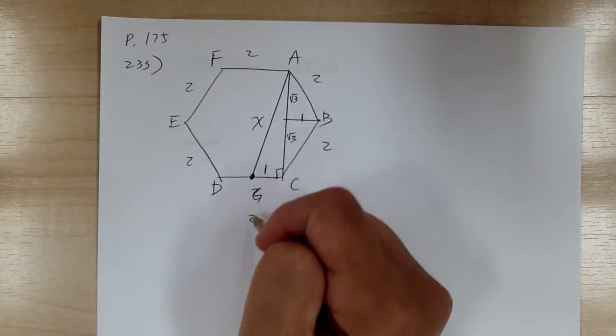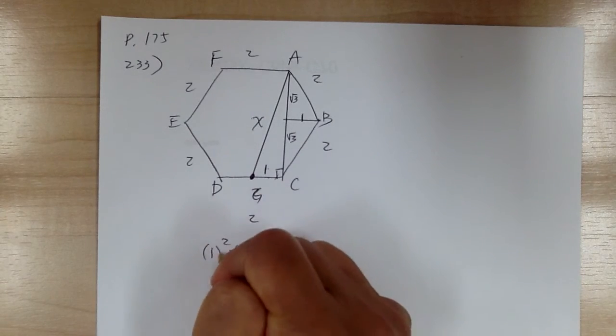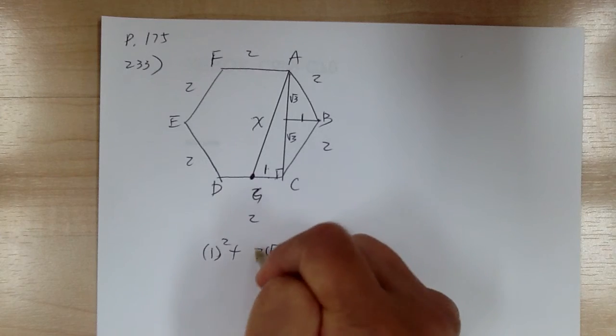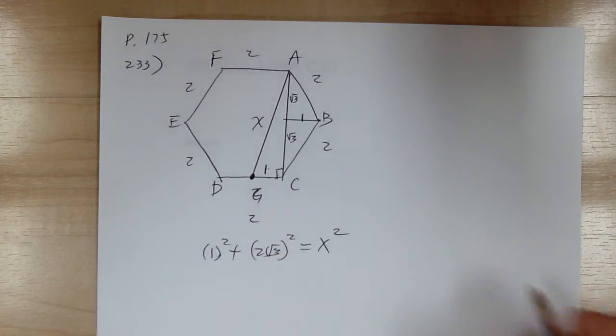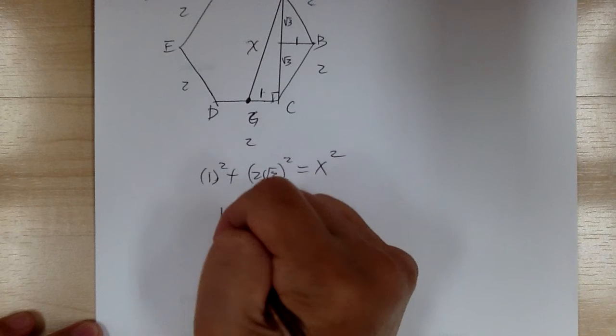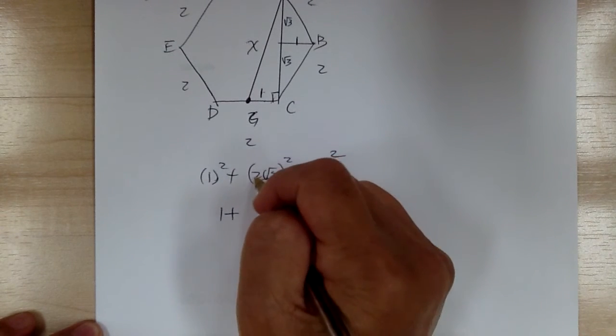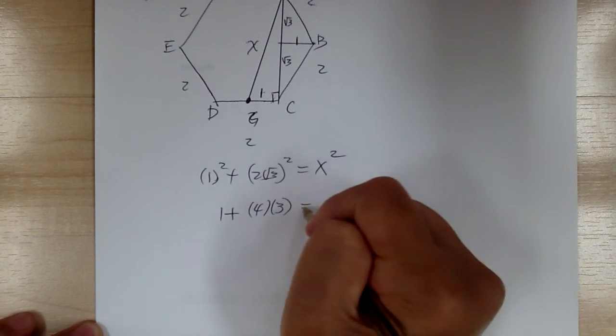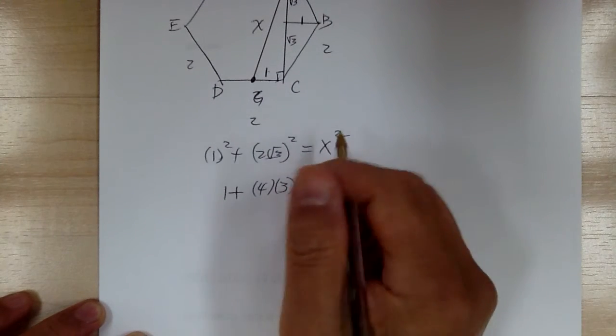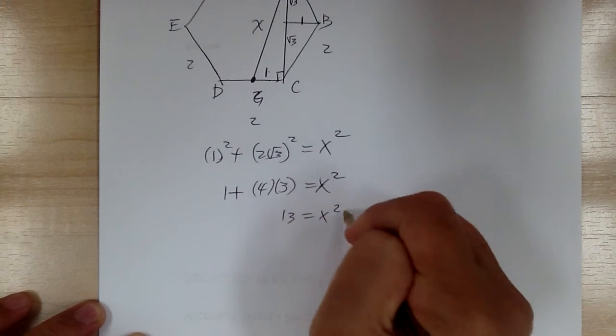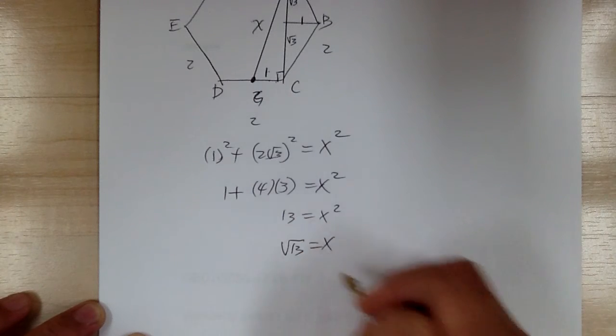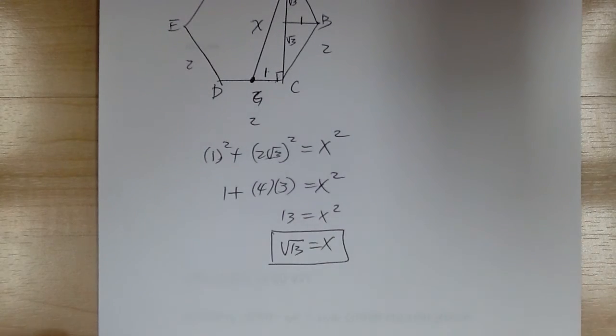This side is 1, so 1 squared plus 2 square root of 3 squared equals x squared. Working it out, you get 1 plus 4 times 3, so 13 equals x squared. So x equals square root of 13. And that's it. Okay, let's go to 234.